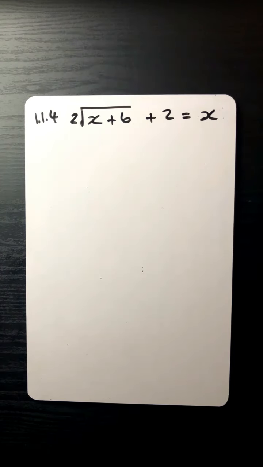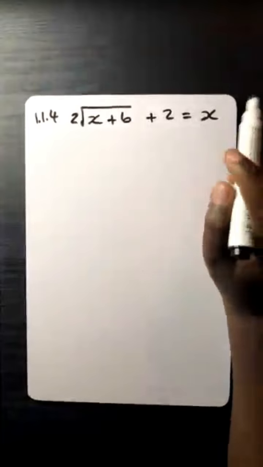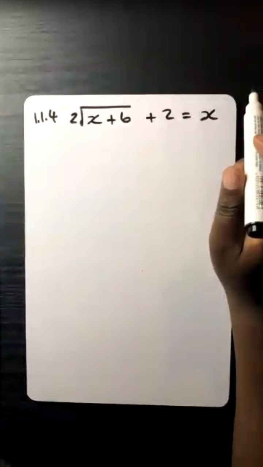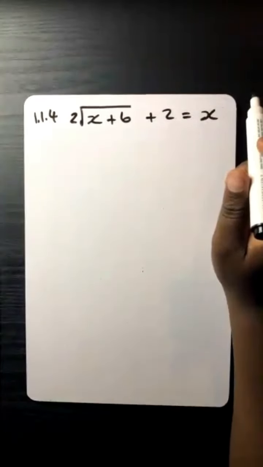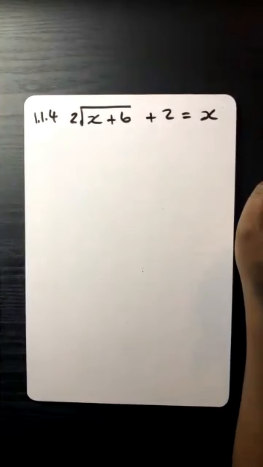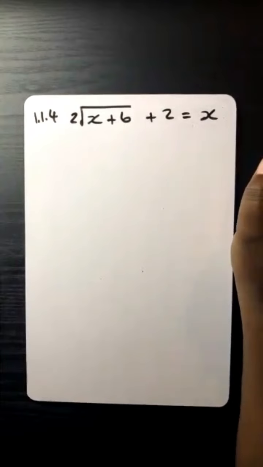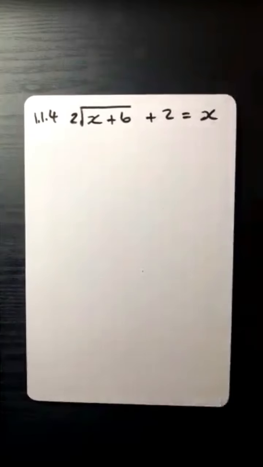Yes, sir. Okay. So when you're given this type of equation, ask yourself the same question: is this an equation or an expression? It seems to be an equation. So obviously, since it's an equation, it means you have to solve. What are you solving?